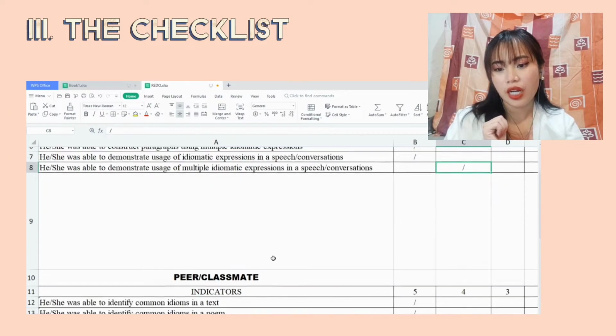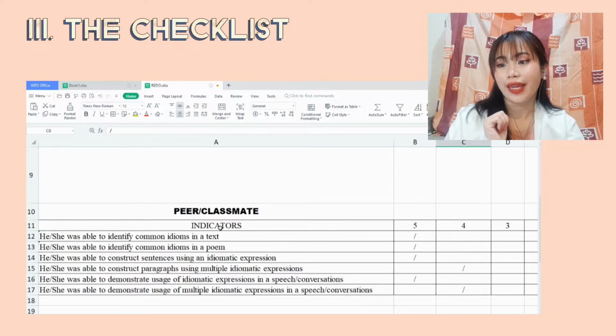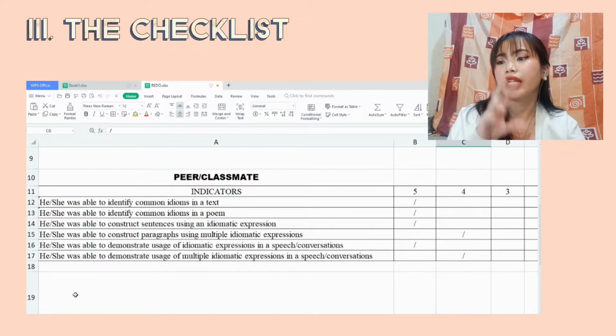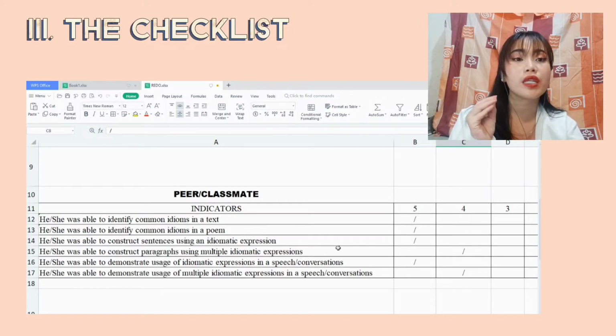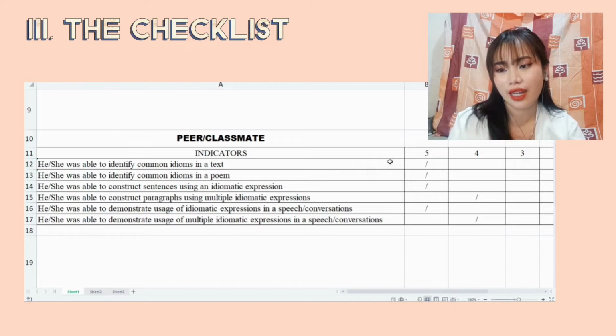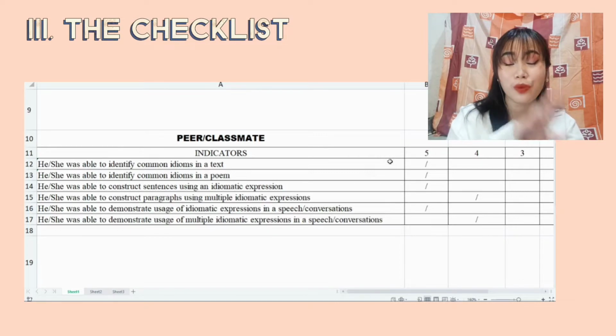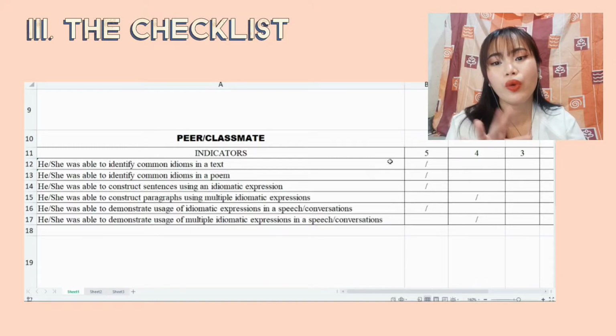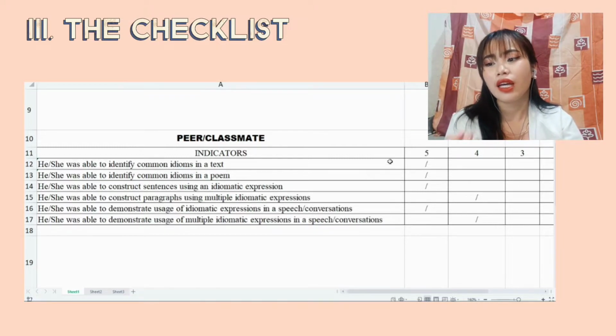For his peer, also, he thinks that Chris is able to identify common idioms in a text, in a poem, and he's able to construct sentences using an idiomatic expression excellently. Although he was able to construct paragraphs using multiple idiomatic expressions, his classmate thinks he is not able to do it excellently, though he is kind of good at it.